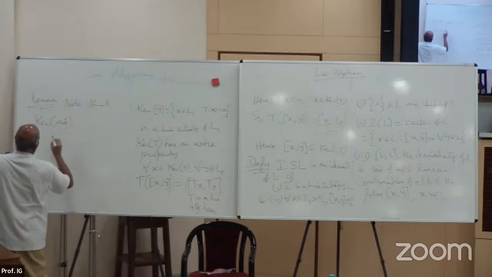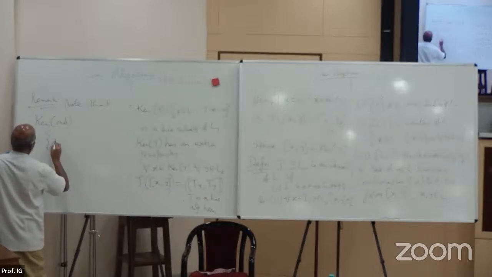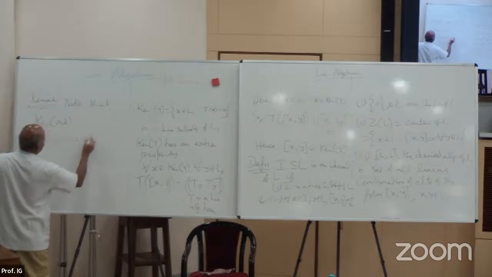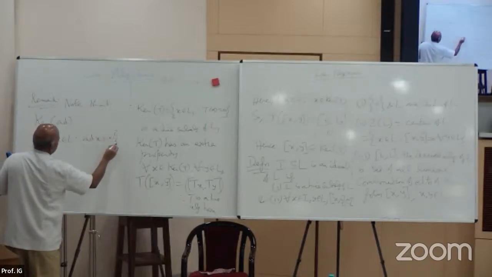what is the kernel of ad? By definition, this is all the elements x such that ad x is 0.